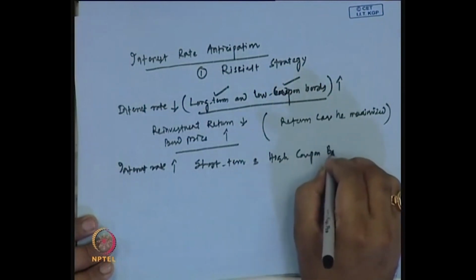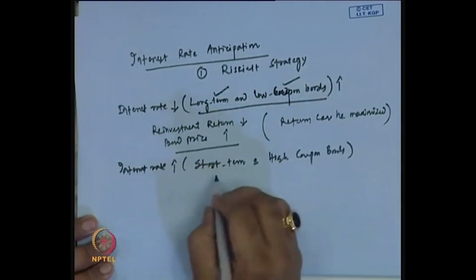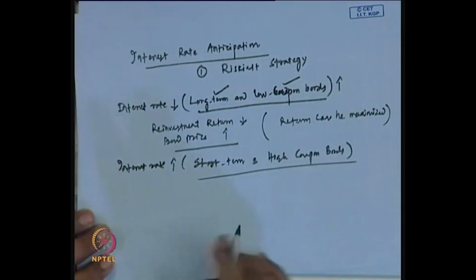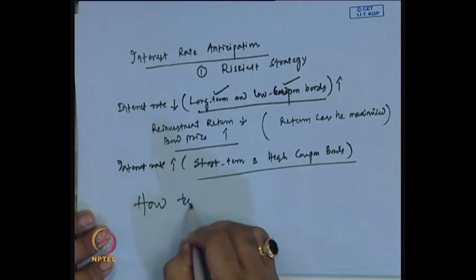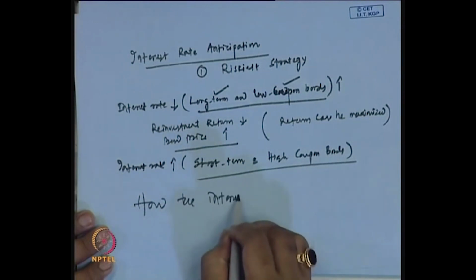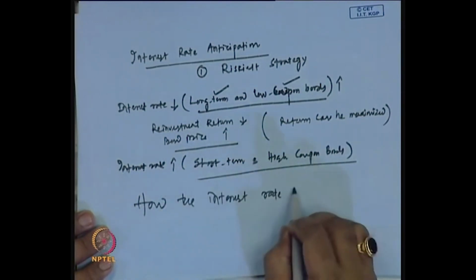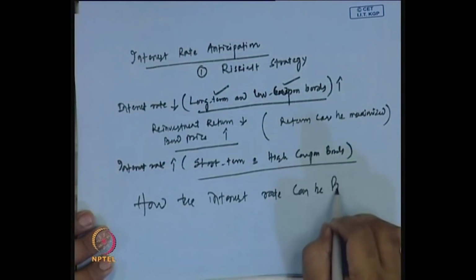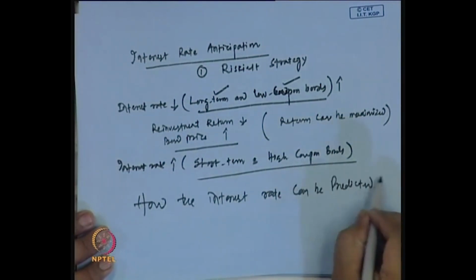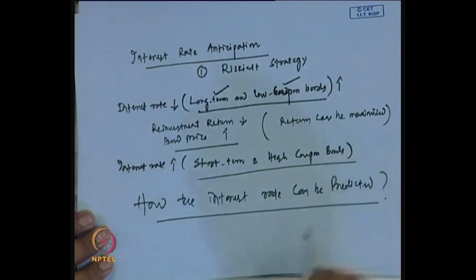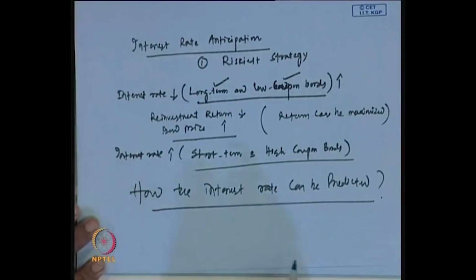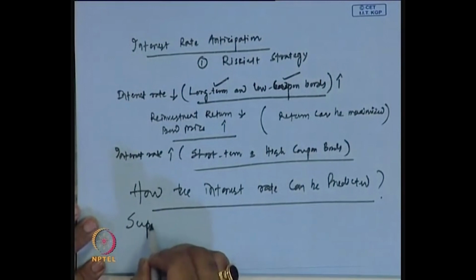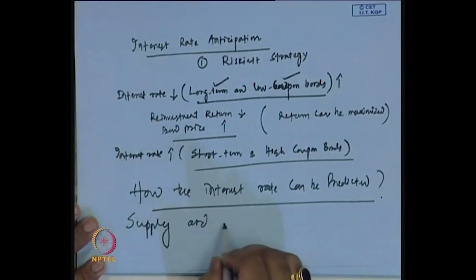This is the strategy that investors always use, but the fundamental question is how the interest rate can be predicted. If you go back to your previous discussion, the theories which talk about interest rate generally discuss how it behaves, which depends on supply and demand forces.